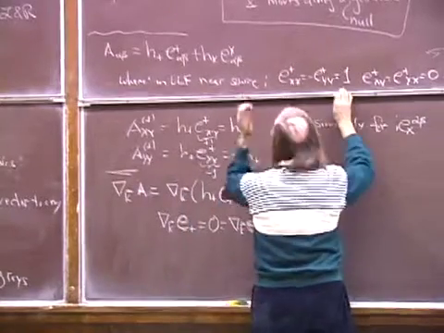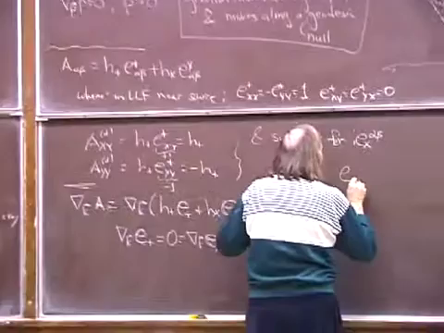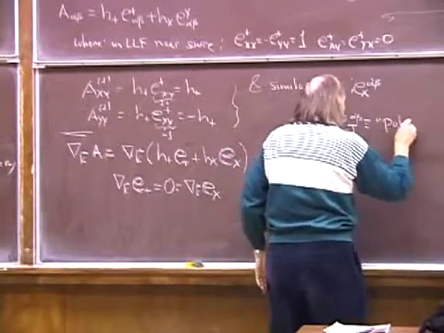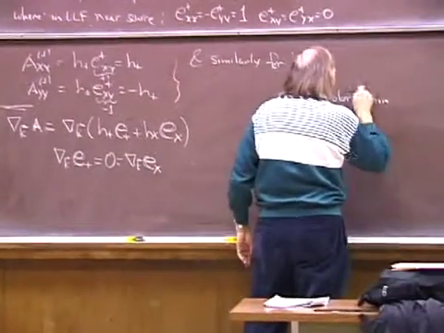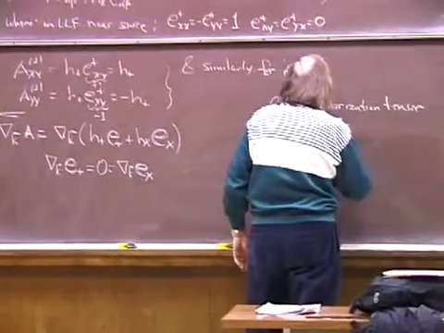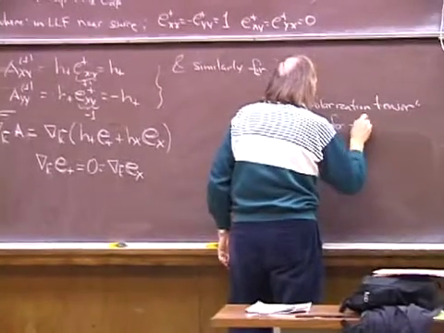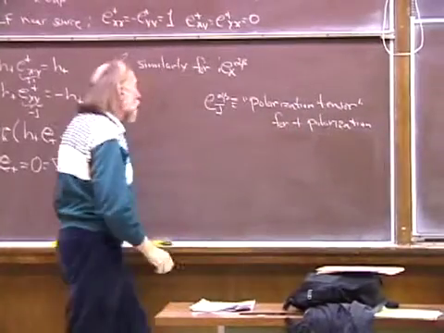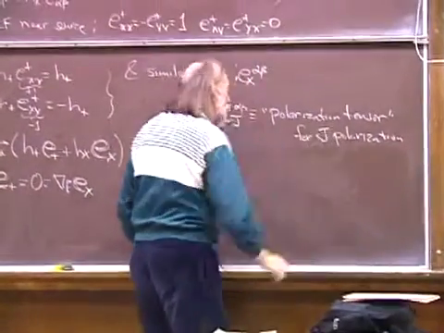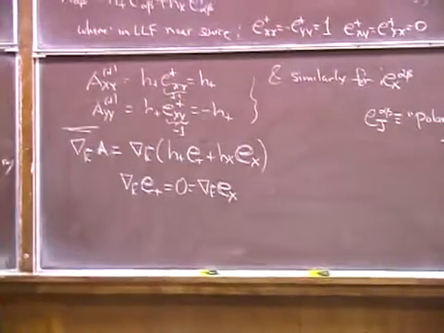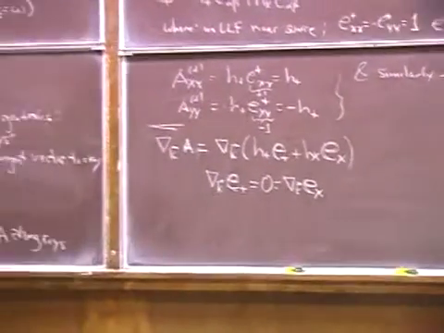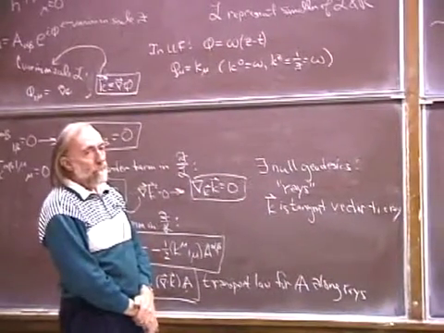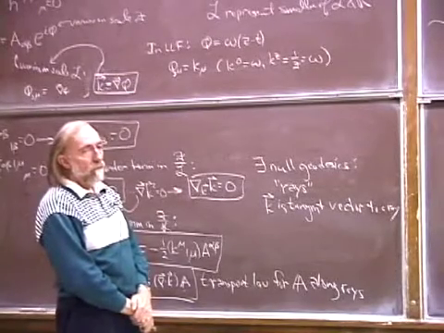Okay, so let me put that up here. So the E, let me call it EJ alpha beta, is the polarization tensor for the plus polarization. I'm sorry, for the J polarization, where J can be plus or cross. Just looking at these components of plus and cross polarization tensors, we see similarly for E cross.